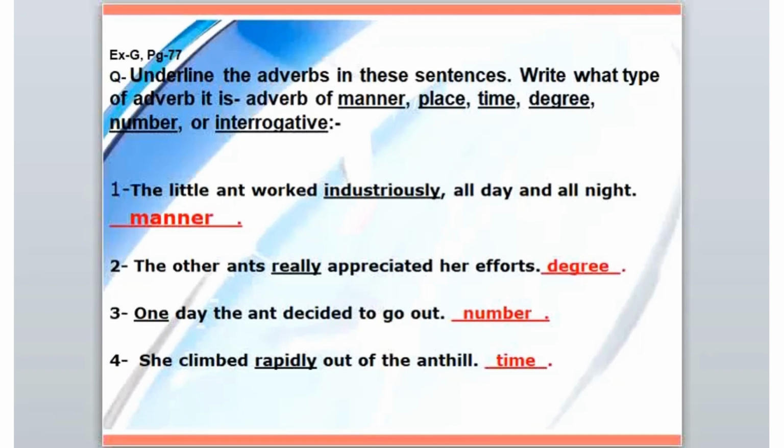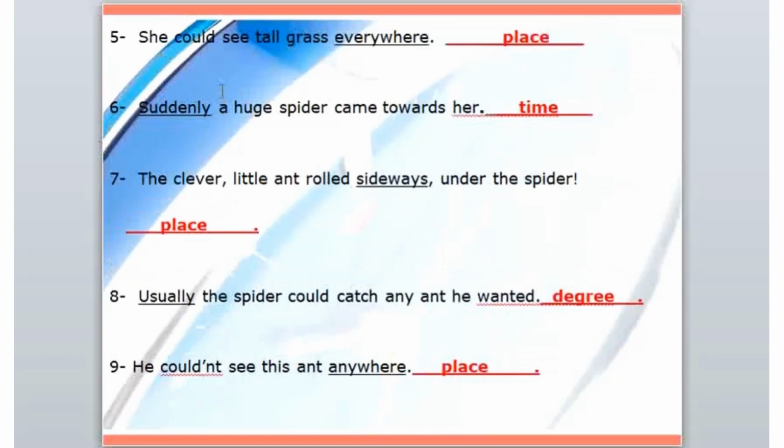Let's come to number 5. She could see tall grass everywhere. So which adverb tells you about the location of something here? Everywhere. Underline everywhere. And what will you write in the blank? Place. Okay, just like that. Come to number 6.